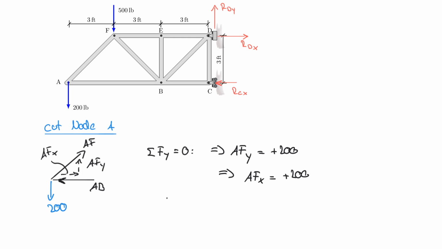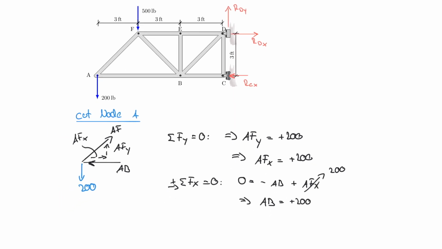So let me write that down. Sum of the forces in the x direction being equal to 0, positive to the right. 0 is equal to minus AB because it's going to the left, plus AFX, and AFX is equal to 200, and therefore AB is equal to plus 200.